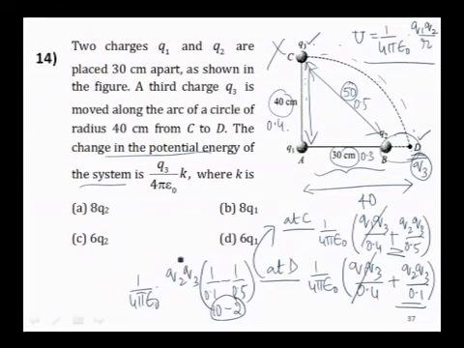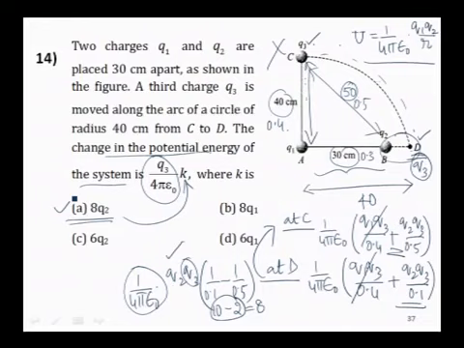They have already given q3 by 4 pi epsilon naught, so what remains with k is this. So you should have 8 q2 as the multiplier here to get the answer. So k is 8 q2, that should be the answer. So option A is the correct option for question number 14.